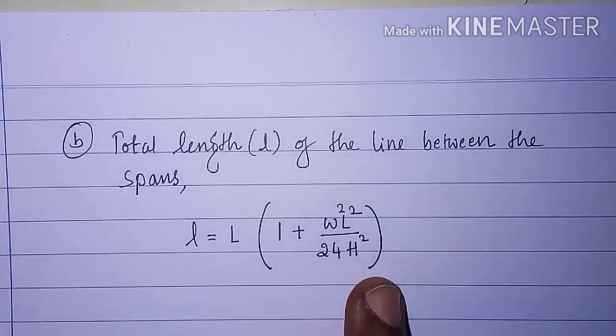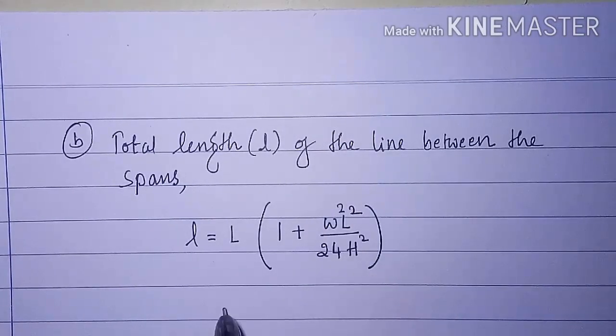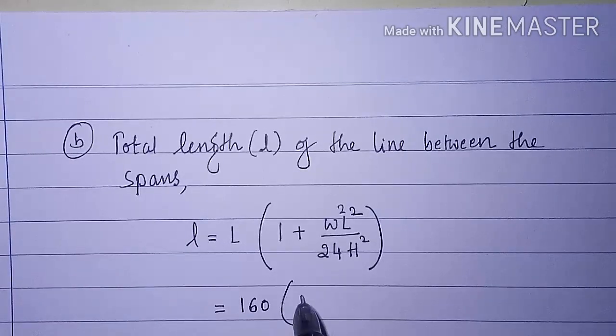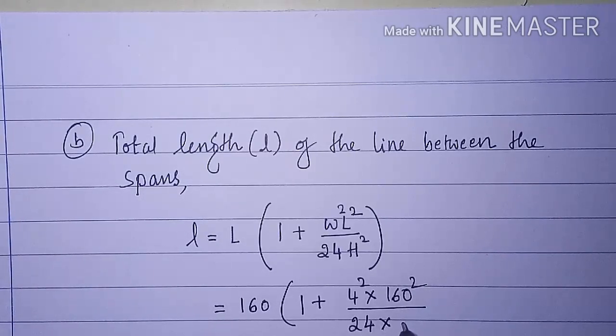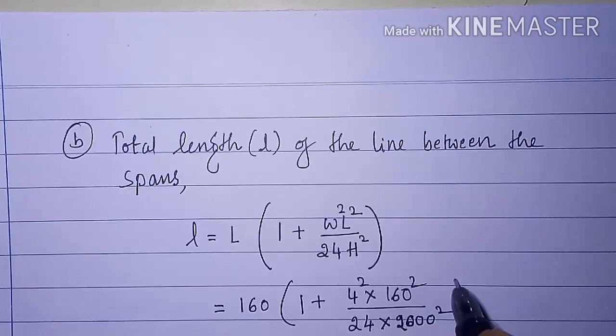Here H is equal to T. L is 160 into the bracket 1 plus W is 4, so 4 square, 160 square upon 24 into 2000 square.